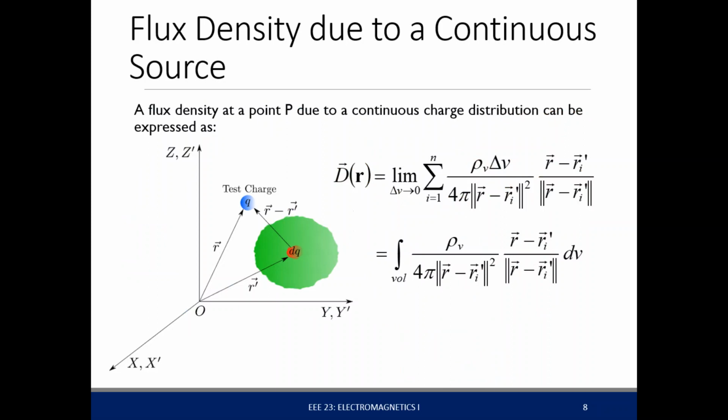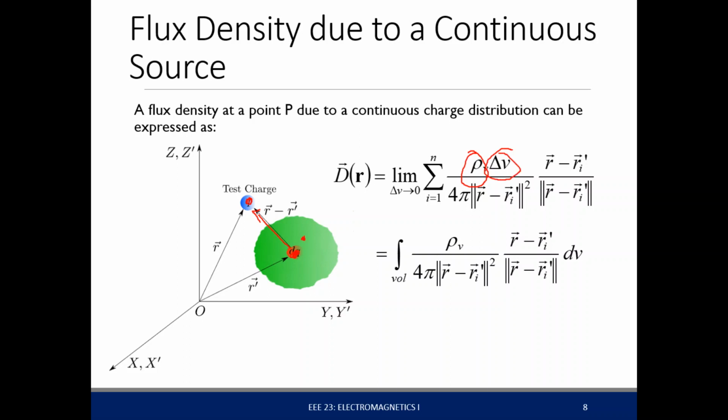Now what if we have a continuous source of charge? The flux density at the point P due to a continuous charge distribution can be expressed as just the summation of the flux due to individual point charges to your point P. So your summation of your individual point charges, they have their own density times their small volume.